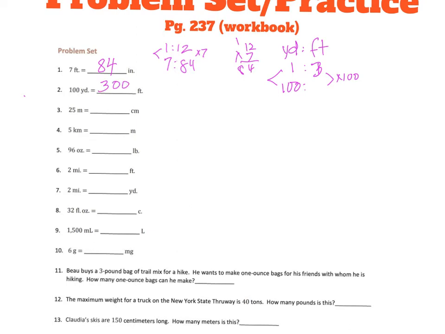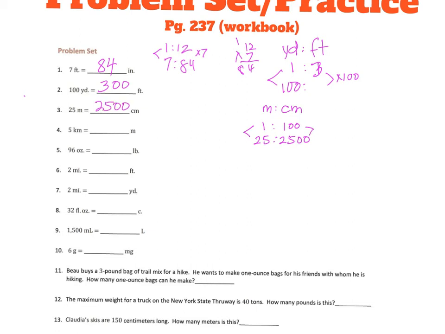Okay, what about 25 meters to centimeters? So meters to centimeters, I know that there are 100 centimeters in 1 meter. So if they're telling me I have 25 meters, then that means I have 2,500 centimeters.